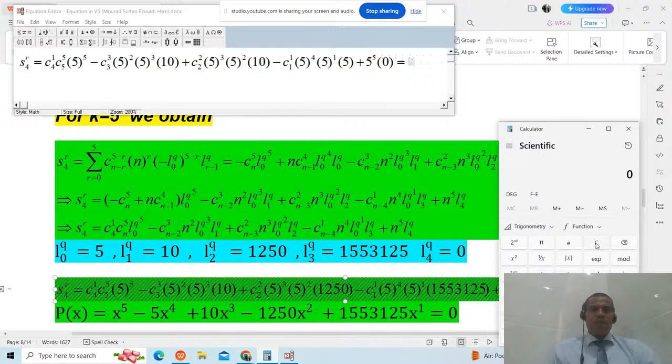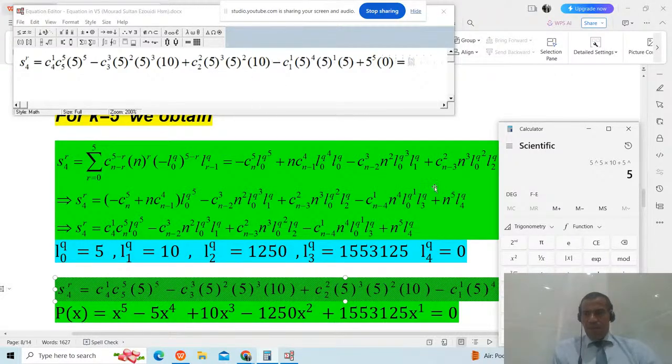Therefore, I will obtain negative 5 cubed, 5 raised to the power 5, simply because combination 3 choose 3 is negative 1, times 5 squared. 5 to the power 5 times 10 plus 5 also raised to the power 5, plus 5, times 10, times 10.